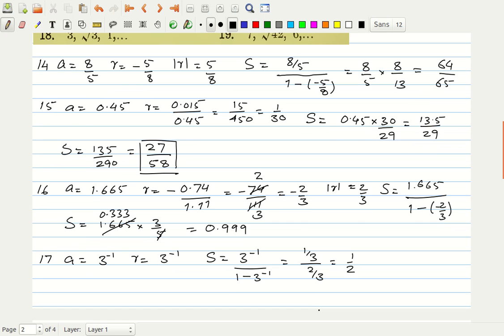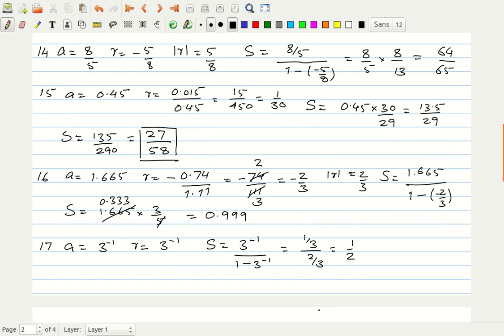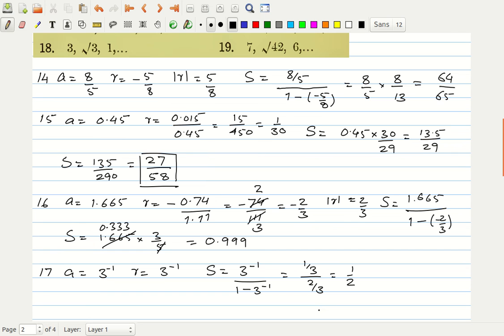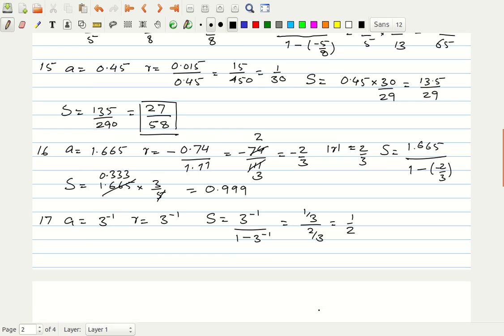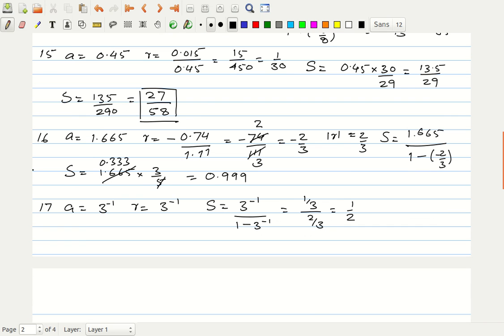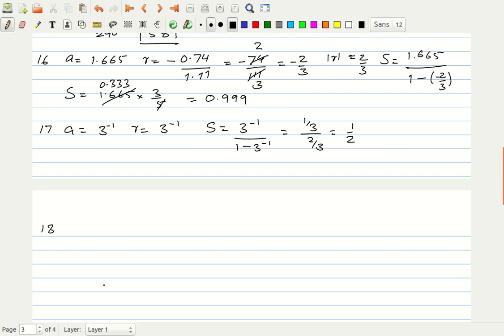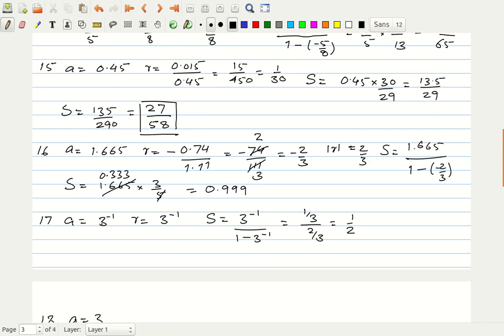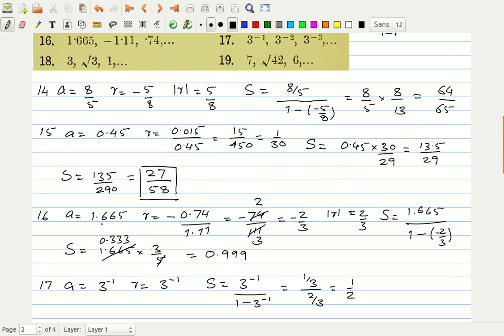Problem number 18. A is 3 for problem number 18. Okay, so problem number 18, a is equal to 3 and common ratio is 1 divided by square root 3, that is I am dividing the third term by the second term.